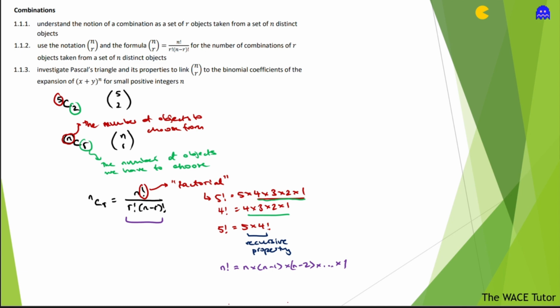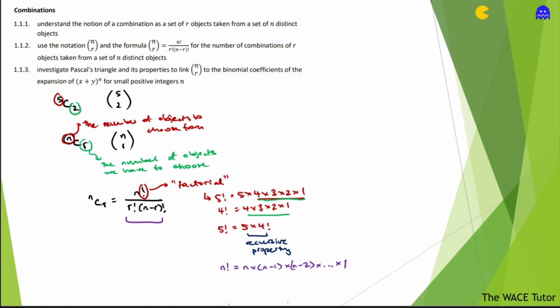The reason why is because understanding this definition hinges on understanding of permutations. If you do want to have a look at what permutations are and then how combinations are defined in a more conceptual sense, then you can check out my video on combinations and permutations in the Year 11 specialist course. That'll be uploaded a little bit later.